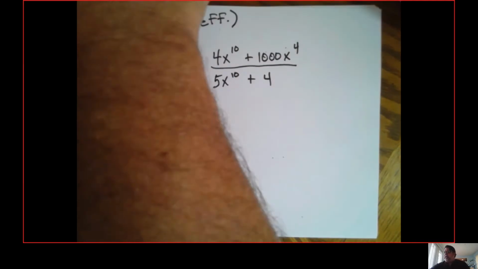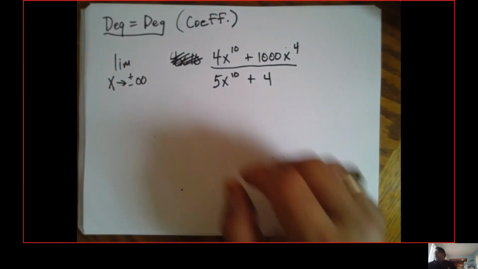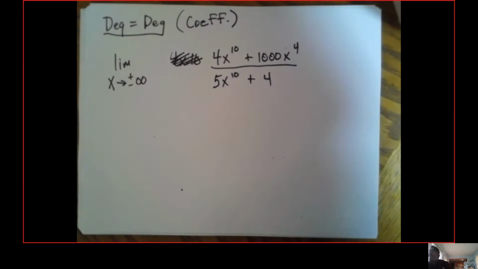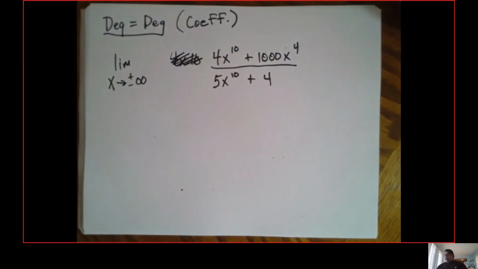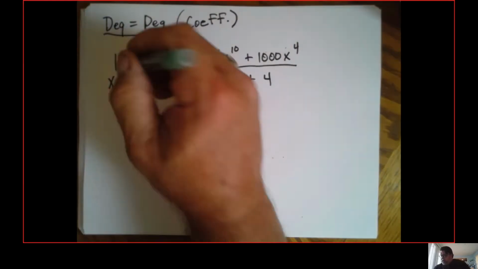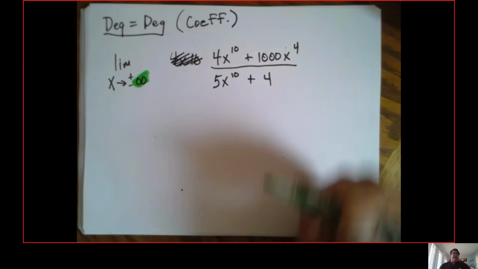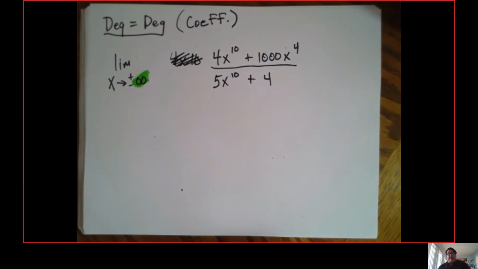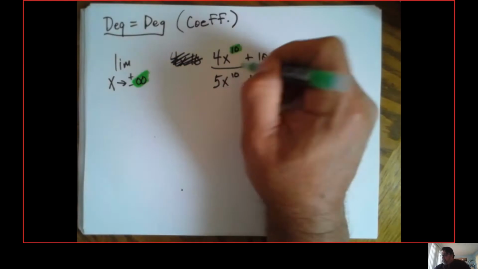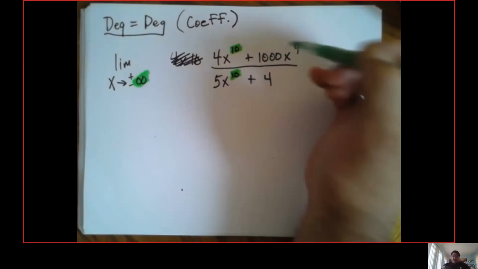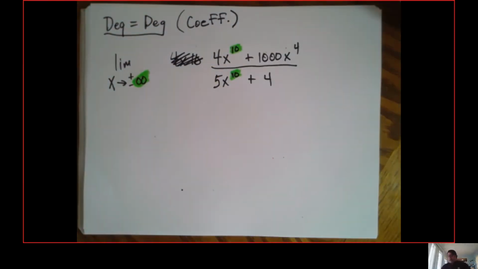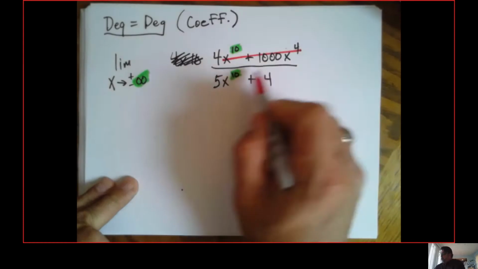Well, the first thing I'm going to look at, there's two things that I want you to highlight here. We're going to highlight them in green, because you really need to make a note of it. One, we're talking about infinity, which means you're going to have to think outside of the box. Two, the highest degree of the numerator and denominator are equal. So I'm basically just going to take my red marker and mark all of this out.